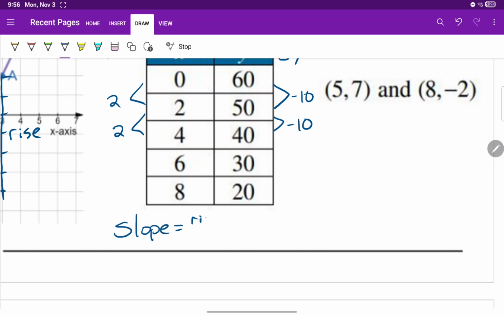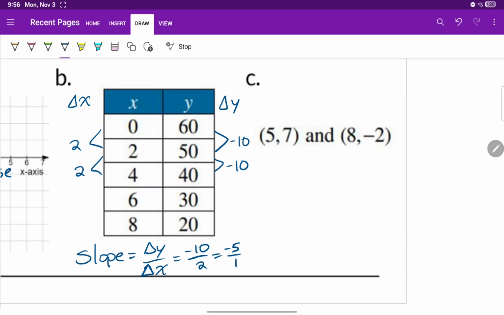Oh, I'm going to correct myself here because that is not what it is. It is our change in y over change in x, which is equal to -10 over 2 or -5 over 1.